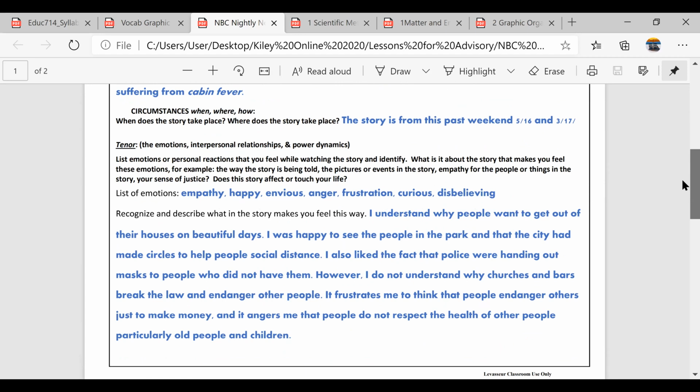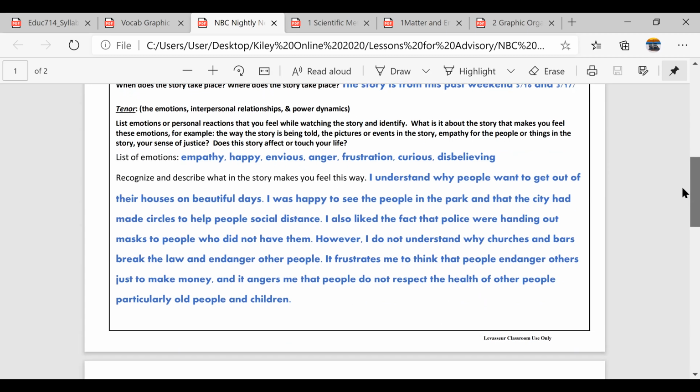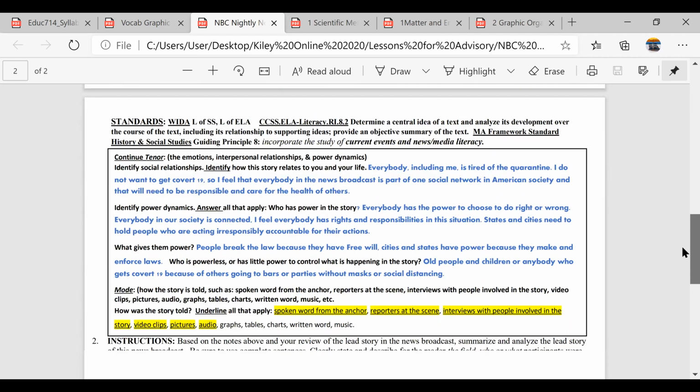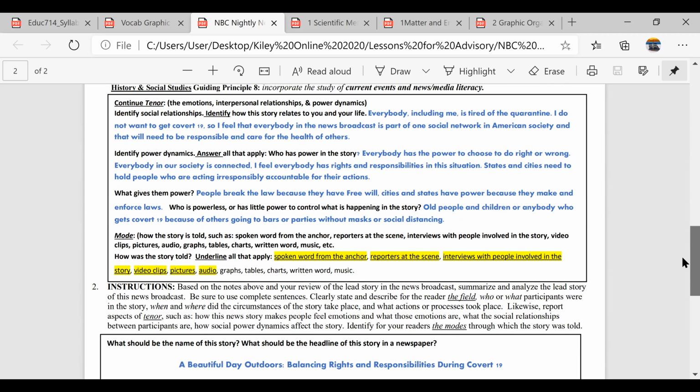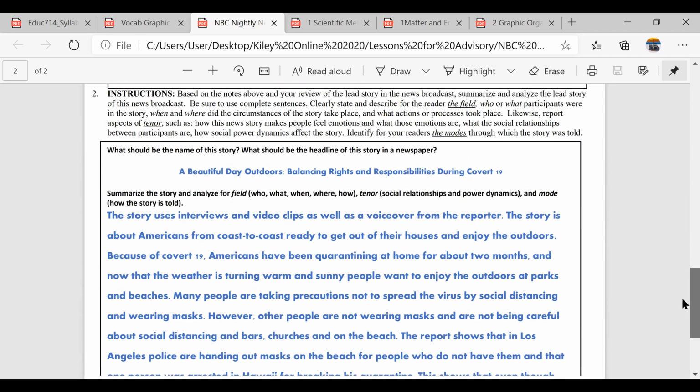And then we list emotions that the story elicits, and then we explain why and how the story created those emotions in us. And so that's our study of tenor. And then we talk about power dynamics, and then relate whatever the social relationships are to ourselves and to our own lives. And then we try and rename the story.